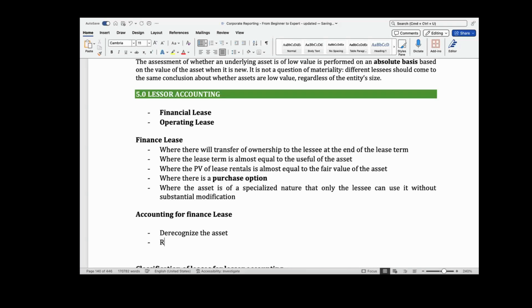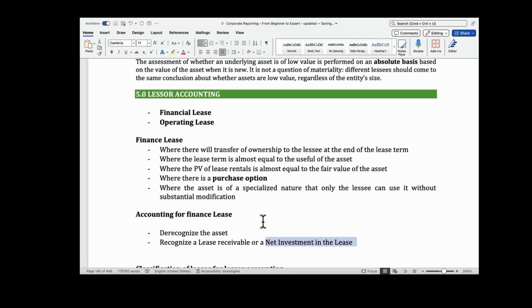When it derecognizes the asset, it will then recognize a lease receivable or a net investment in the lease. You can call it any of them, lease receivable or net investment in the lease.